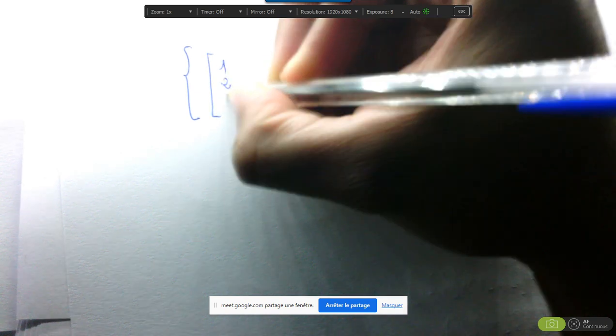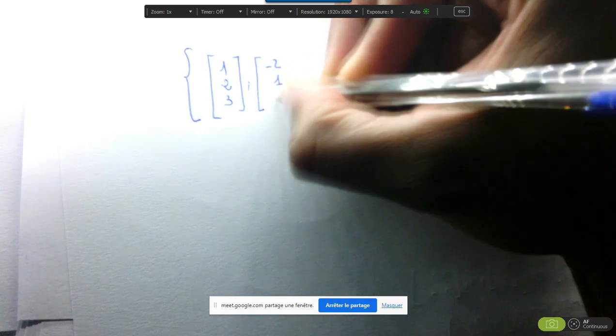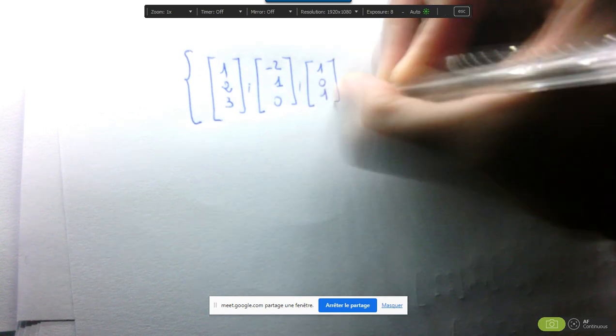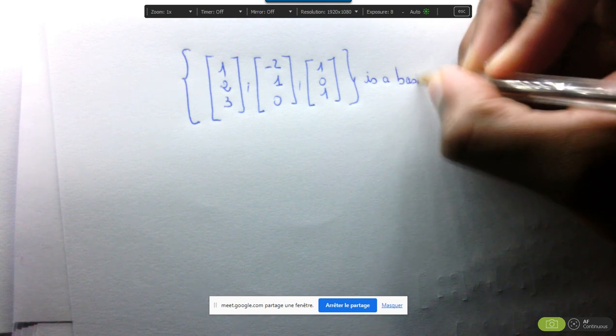Alright, so here we have: show that these vectors that we have here, (1, 2, 3), (-2, 1, 0), and (1, 0, 1), this one is a basis for R3.